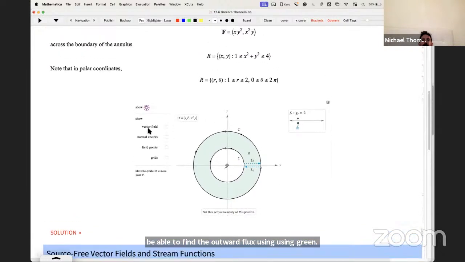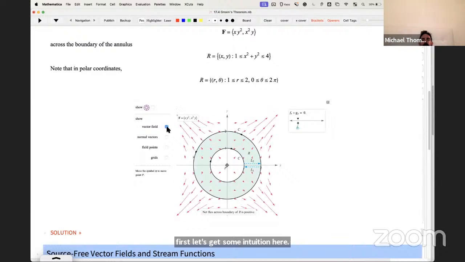So first, let's get some intuition here. Let me throw up the vector field. And let's put up this blue guy. And let's see, we're doing flux this time. So this one's going to be a little harder to get an intuition about, but let's try it. Okay, so I'm going to start here. I'm going to move in the forward direction.